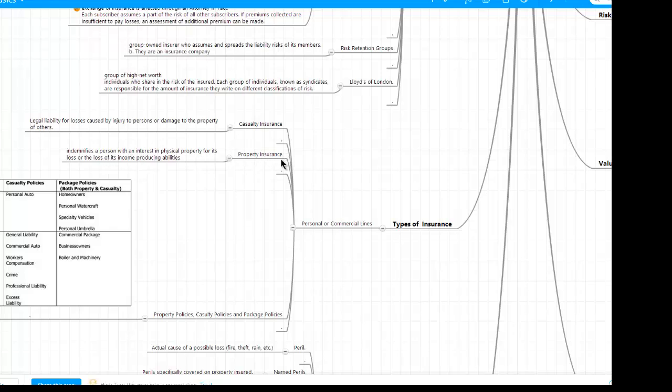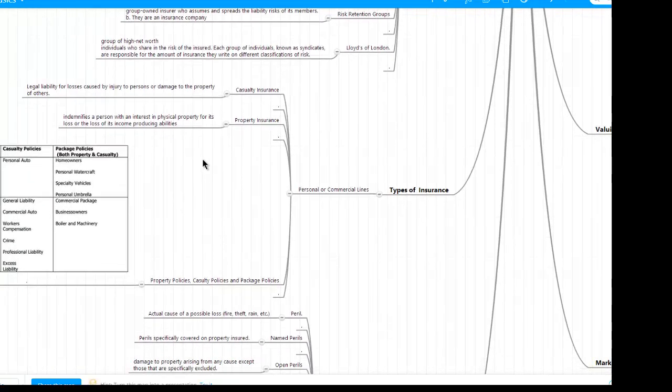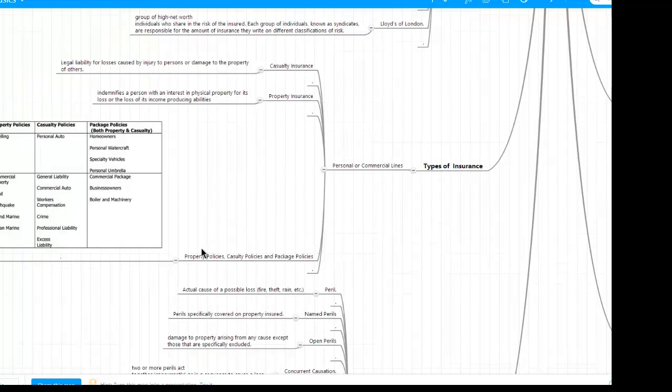And property insurance indemnifies a person with an interest in physical property for its loss or the loss of its income-producing ability. We have property policies, casualty policies, and then we have the package policy.